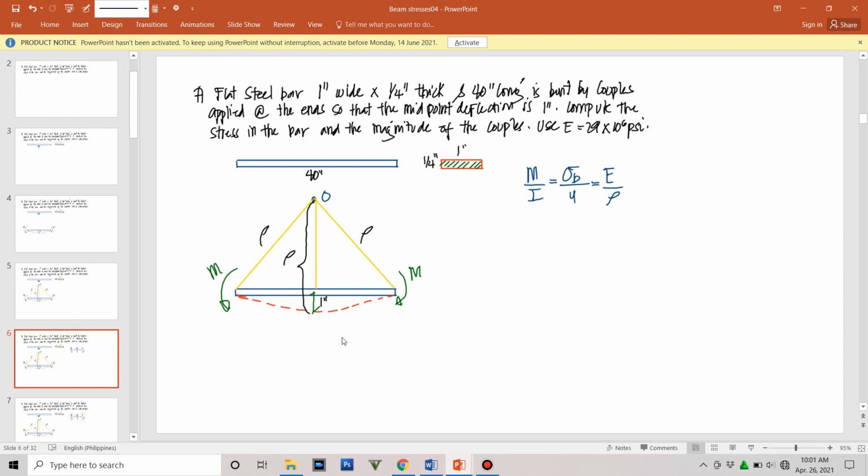Okay, so recalling the general formula for flexural stress, we will be needing here this one, E over rho, because on the figure I think by geometry we can derive right away the value of this radius of curvature.